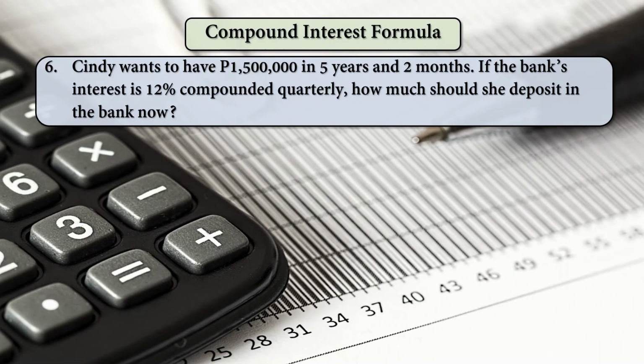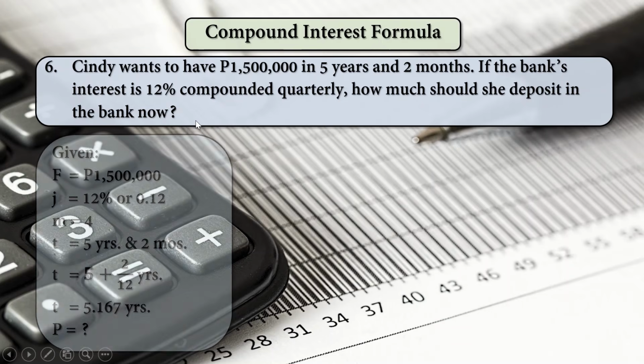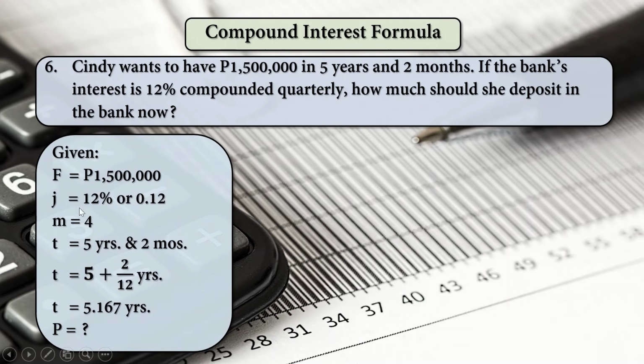Okay, so given the 1.5 million, considering Cindy wants to have it in 5 years and 2 months, so that is our F. Yung tinatanong dito, kung magkano yung ide-deposit niya sa bangko ngayon. Okay? So, F is equal to 1.5 million. J is 12%. M is 4 because quarterly. T is 5 years and 2 months.